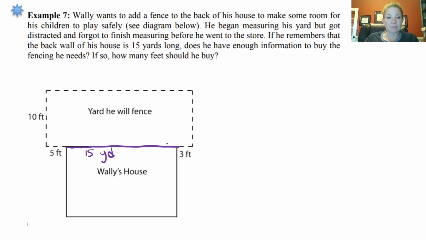Well, yeah, he does, because this back section of the fence equals the length of his house plus 3 feet plus 5 feet. So then we would know how much fencing he needs to buy.